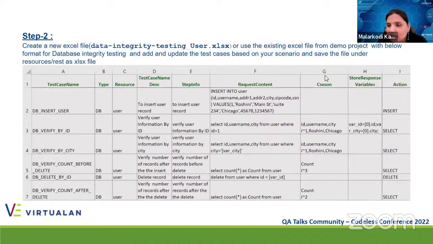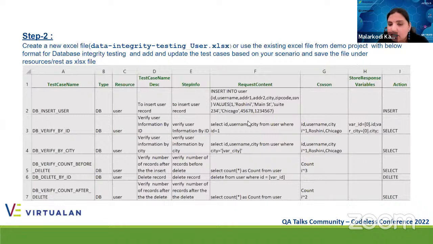Generally in the testing world, whenever you want to do some verification, we definitely need to compare against our expected response. Whatever response you are getting has to be compared with your expected response. That's why I am having this G column. The G column is the CSV JSON, that is comma separated JSON.